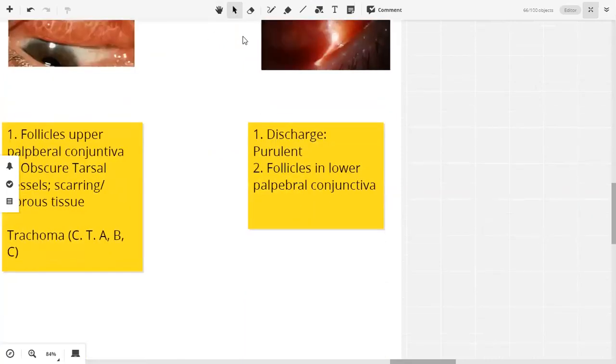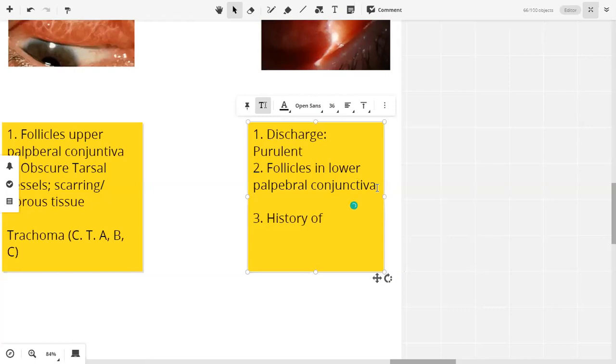What do you think is the organism here? Let me give you a context clue, a history. This patient has a history of STI. What is your diagnosis? Neisseria gonorrhea, right?